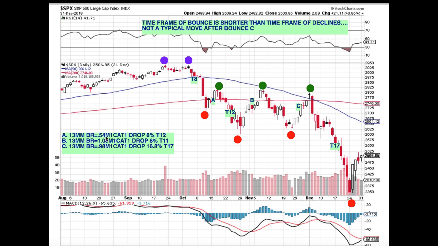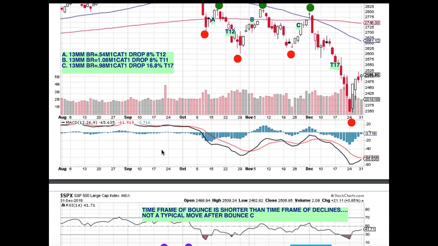So this huge increase in the ratio actually resolved in a much bigger drop that followed the bounce, the C. Typically in a C-type situation, we don't see that big of a ratio, we see a very small ratio, but in this case it was almost a 1. So we started out with a 0.54, and we had basically a solid match, 1 and another 1, which resulted in almost a 17% drop right here, guys.